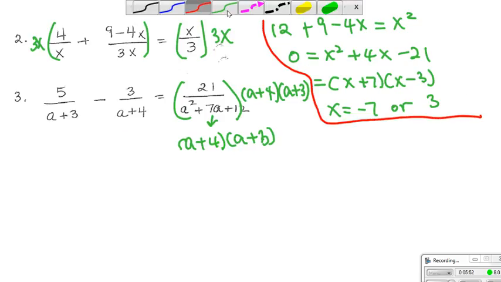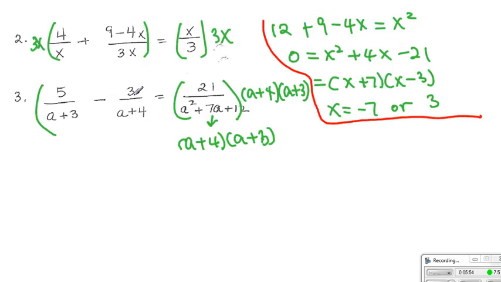The other side, likewise, we have to multiply by a plus 4 and also a plus 3. And here, in the first term, a plus 3 cancels out. We end up having 5 times a plus 4, and minus 3 times a plus 4 cancels out. We have, therefore, a plus 3.